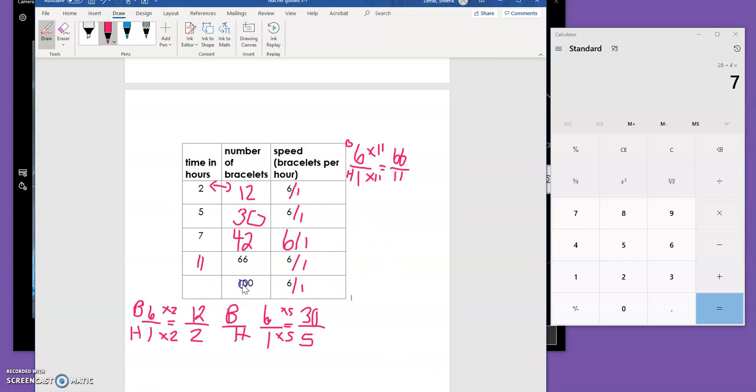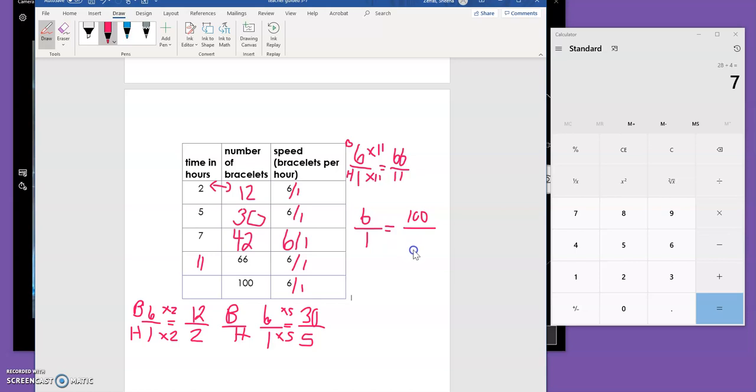For the last one, where we have 100 bracelets, if I set this up as 2 equivalent fractions, I have 6 over 1 is equal to 100 over what number? A little bit more difficult because 100 is not a multiple of 6, like 66 was.